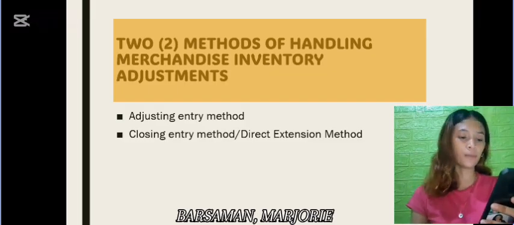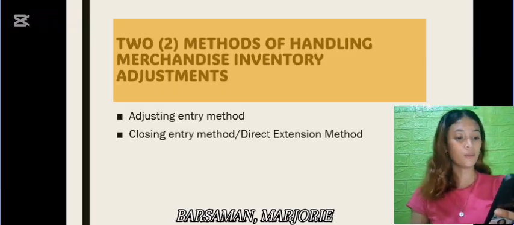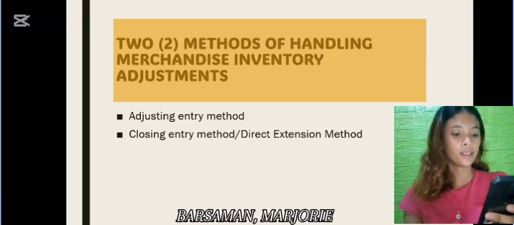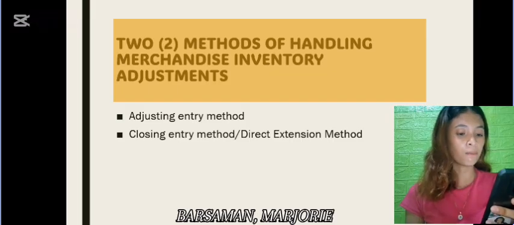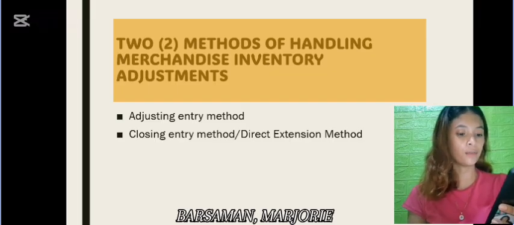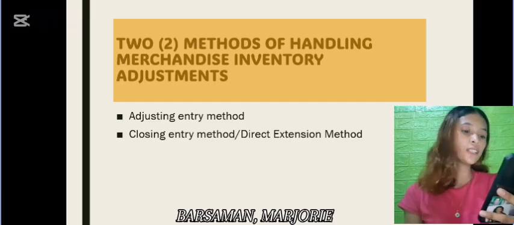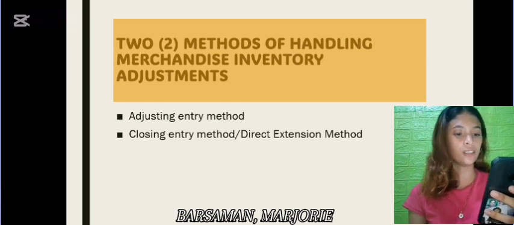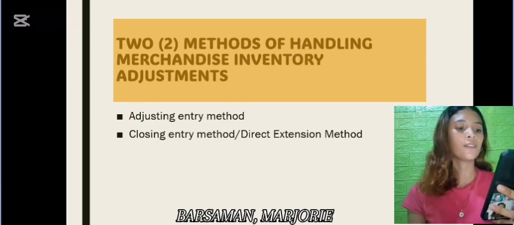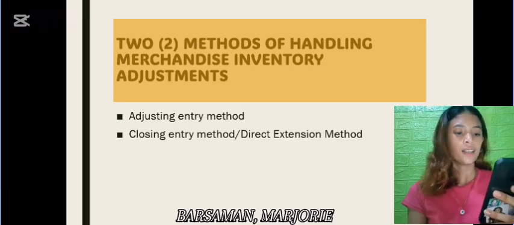The adjusting entry method uses two separate journal entries. One entry removes the value of the beginning inventory. A second entry adds the value of the ending inventory. The closing entry method uses a single entry that directly calculates the cost of goods sold.